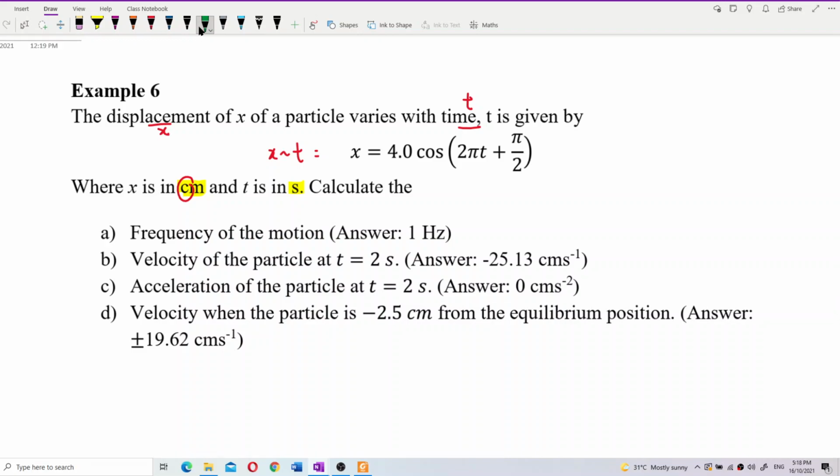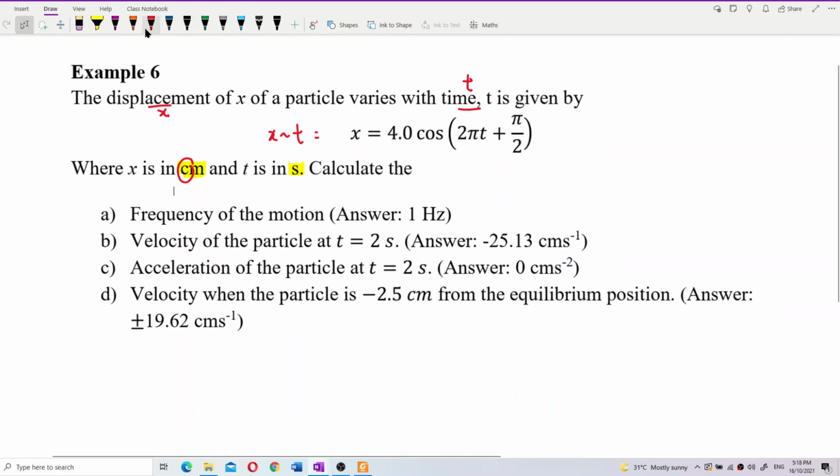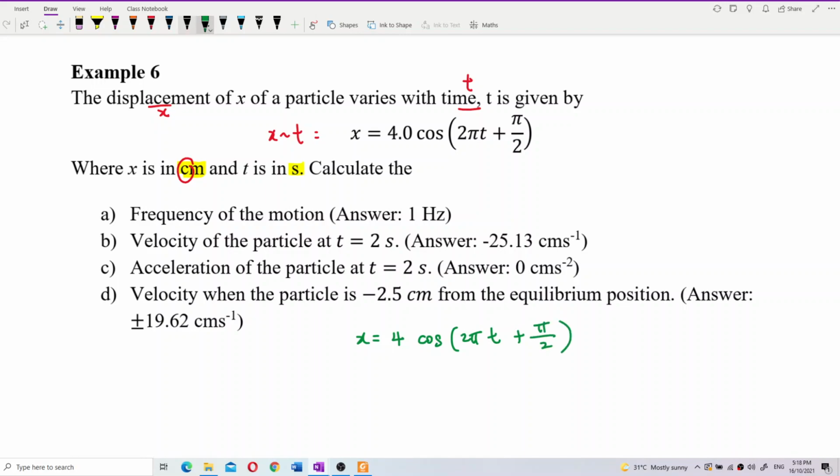So the general equation, maybe I should write below. I rewrite this equation below here: x equals 4 cosine (2 pi t plus pi over 2). Actually, this equation, according to the general equation, 4 is the amplitude, cosine, and then this is omega t, and then plus phi.